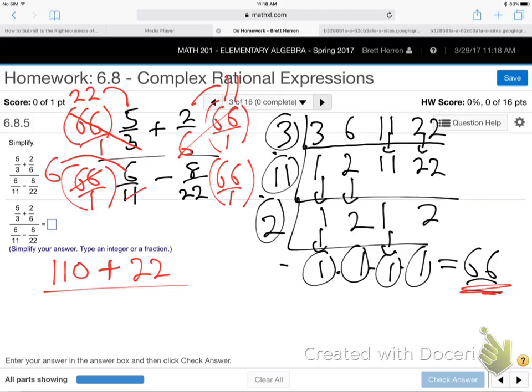Multiply the leftovers. 6 times 6, 36. Oh, minus down there. Good. And then 22 goes into 66 3 times. Multiply the leftovers. 3 times 8, 24. We're getting there, okay?